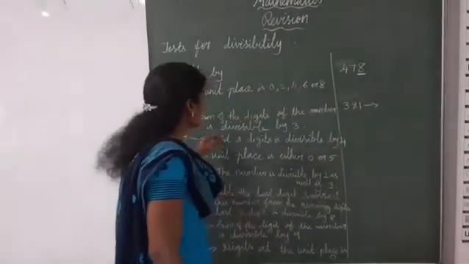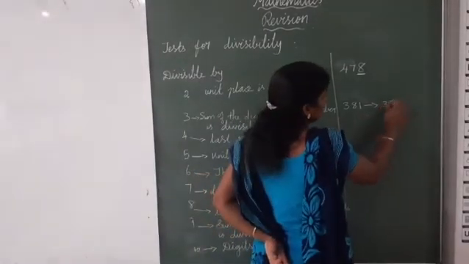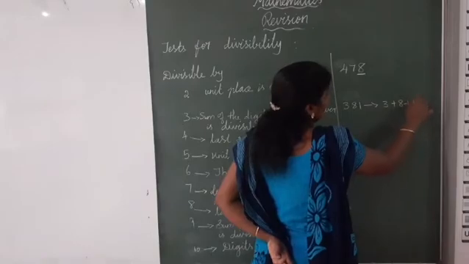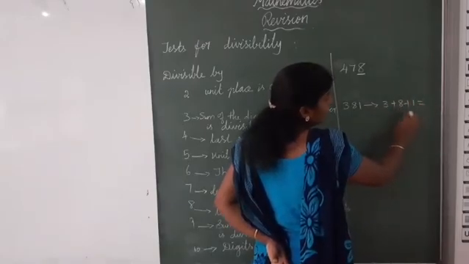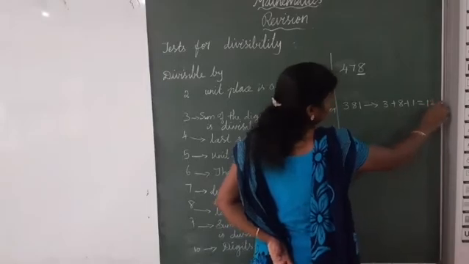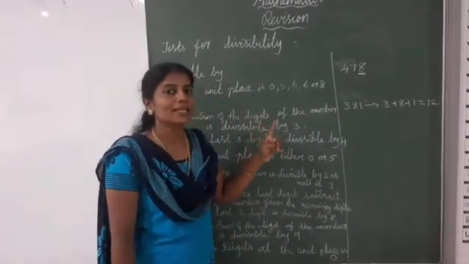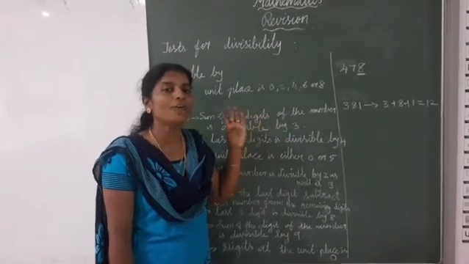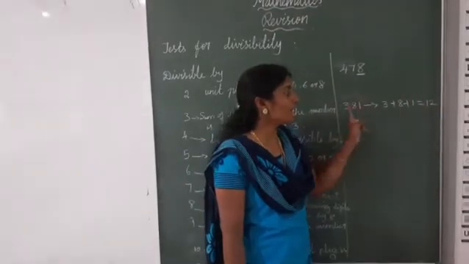Can you check the sum of the digits? 3 plus 8 plus 1: 3 plus 8 is 11, 11 plus 1 is 12. Now we can say that's the 3 table: 1 3 is 3, 2 3s are 6, 3 3s are 9, 4 3s are 12. 12 is divisible by 3.